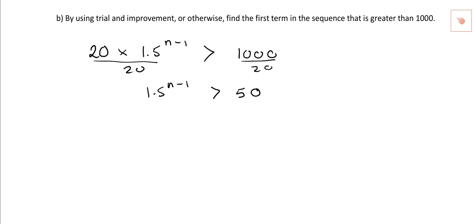Trial and error is what I was expecting, because we've not got logarithms. If n is 10, we get 768.867, and when n is 11, we get 1,153.3.